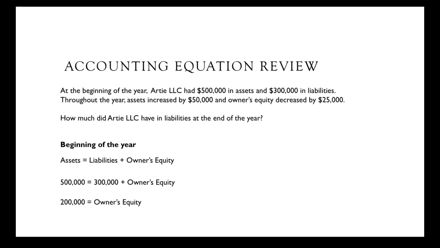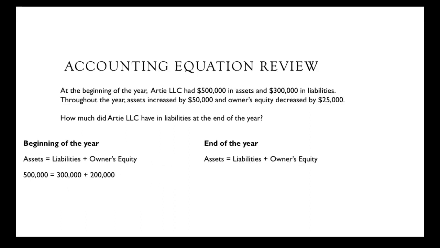Now we can look at what has happened throughout the year, right? These changes in our assets and our owner's equity that we're told about. So we're told that our assets are increasing by 50,000 and our owner's equity has decreased by 25,000.